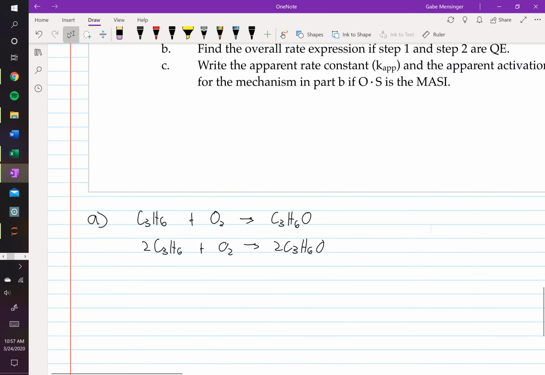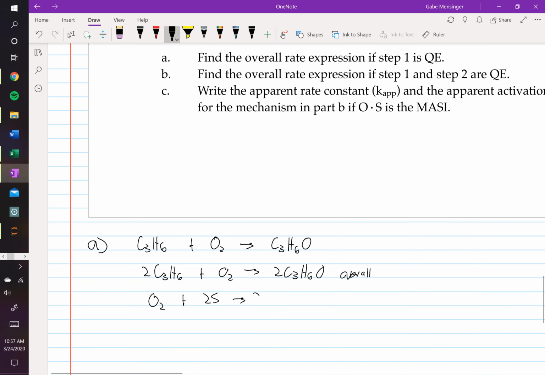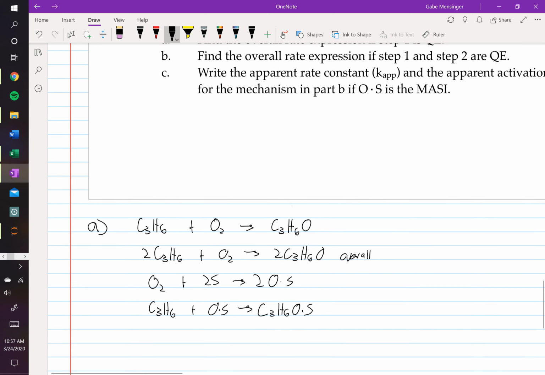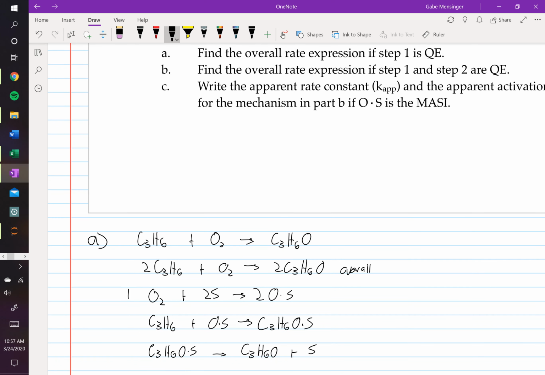So knowing that, here is our rate. So this is the overall, and our elementary steps: C3H6 plus S goes to C3H6 S, and then C3H6 S plus O2 goes to acetone and S. All right, so we got step 1, step 2, step 3.